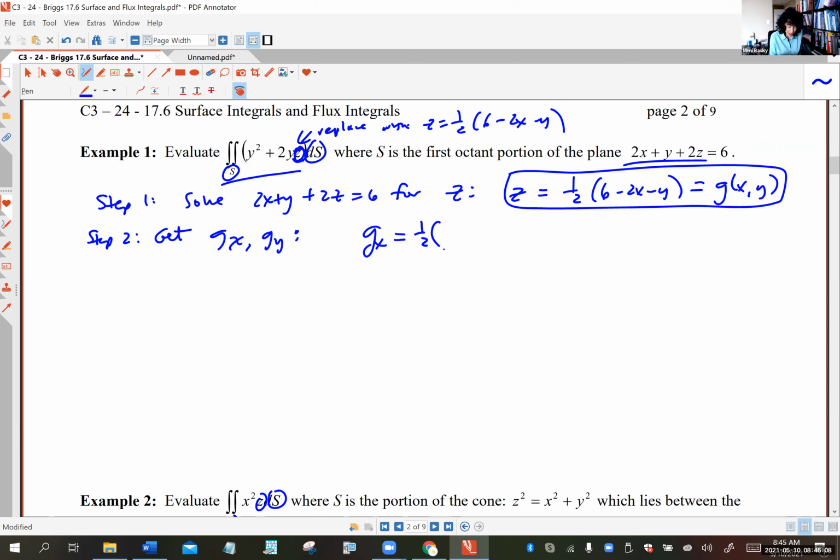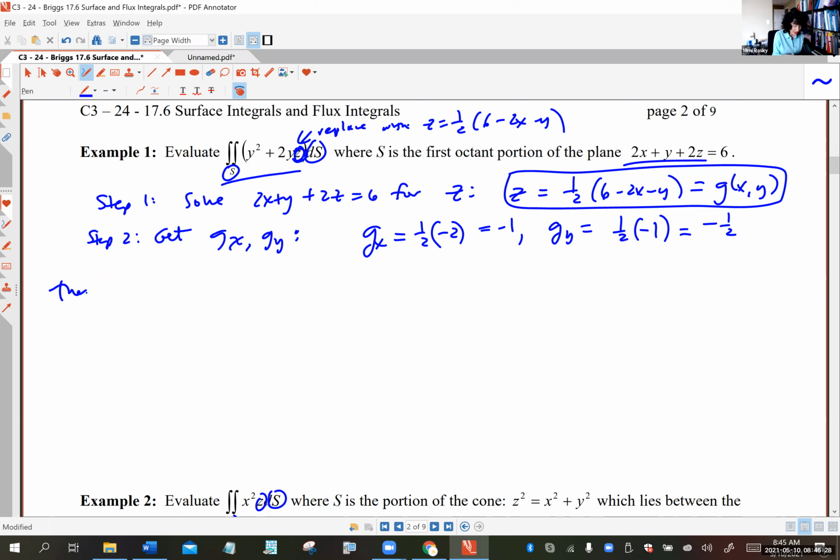A half times the partial with respect to x, which is -2, but then that ends up being -1. Oh, that was easy. And then the partial with respect to y, you've got the half in there, and the partial of 6 minus 2x minus y with respect to y is -1. I get -1/2. Okay, fine.